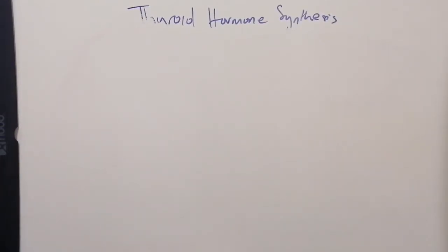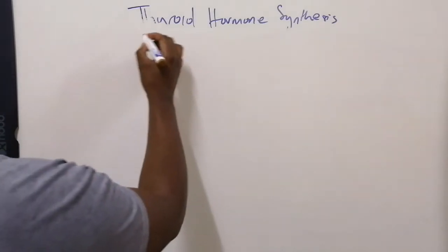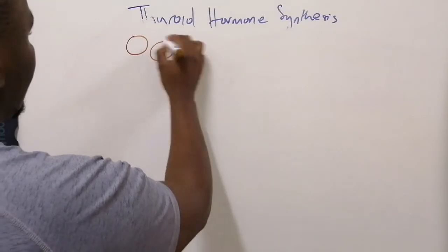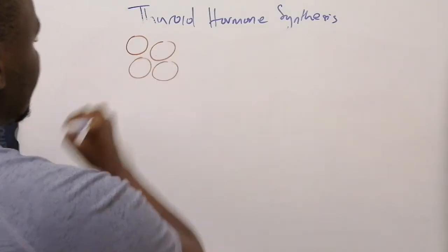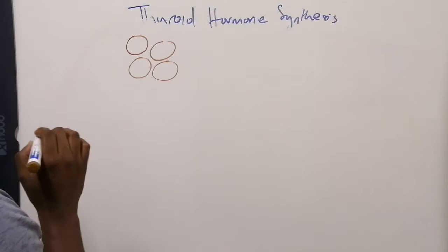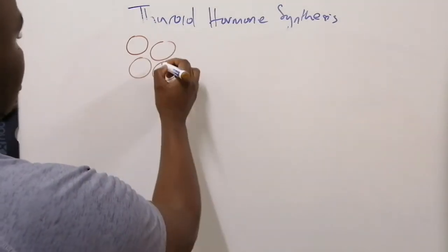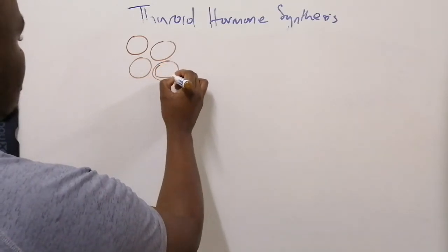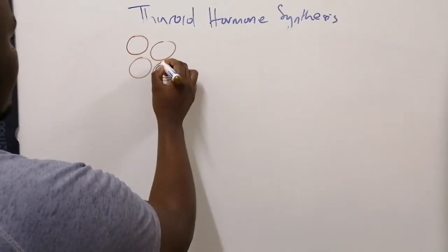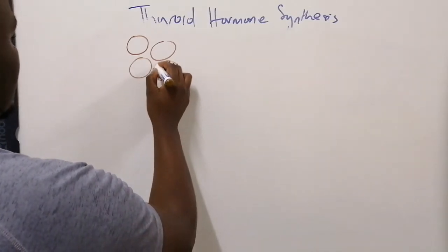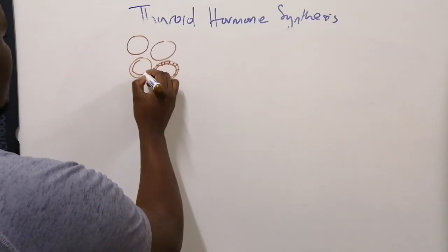So guys, we continue with our thyroid hormone synthesis. So we said that the thyroid has got spherical structures called follicles, and these structures are lined with a single layer of follicular cells or thyroid cells, right?